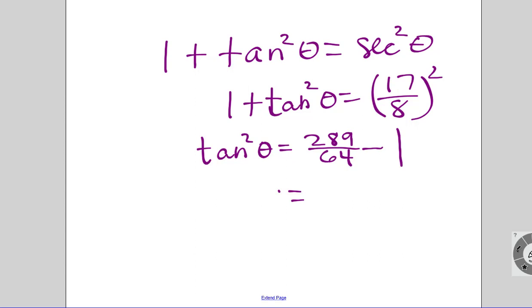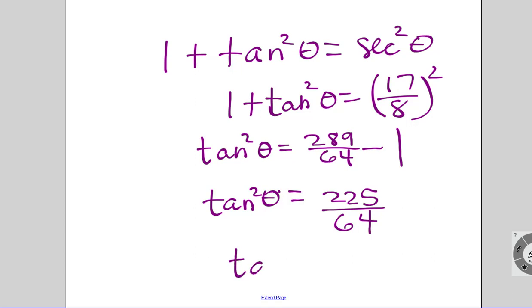And that's going to give me what? 225 over 64. Okay, and I can take the square root of both sides. Square root of 225 is 15, and square root of 64 is 8. So now I have tangent.